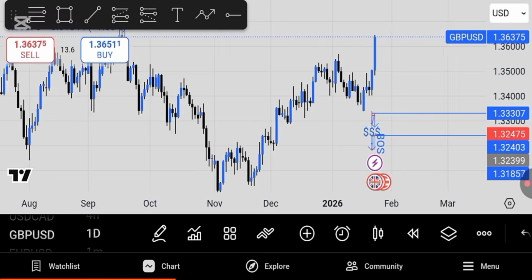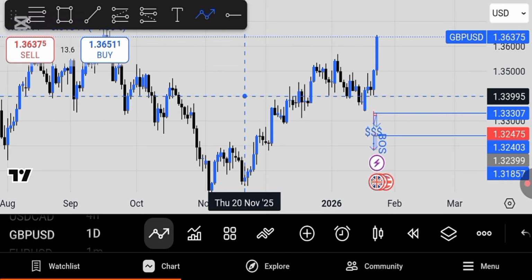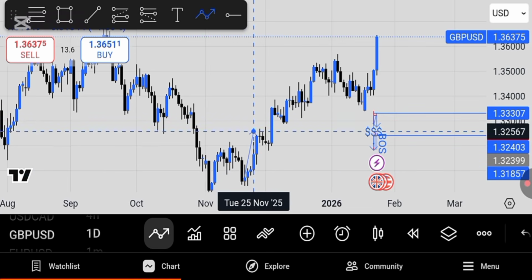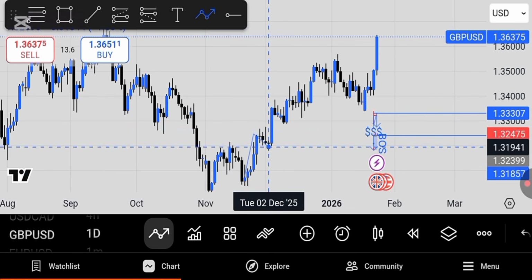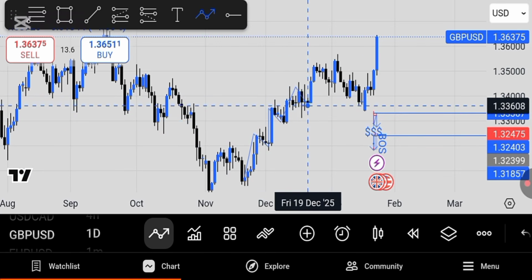Now, this is the daily time frame. We can see that price is constantly creating higher highs and higher lows, higher highs and higher lows. You can see that yes, we are actually bullish on the higher time frame.